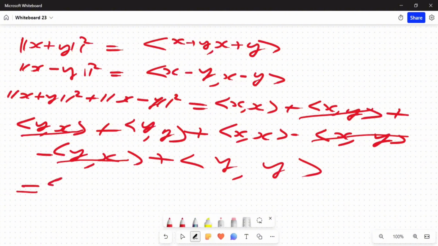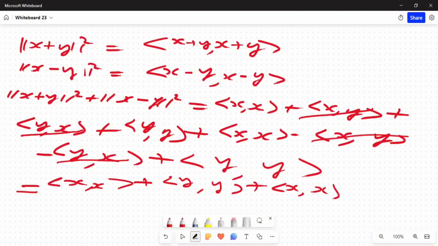This is equal to the inner product of x comma x, plus what? The inner product of y comma y, plus the inner product of x comma x, plus the inner product of y comma y.